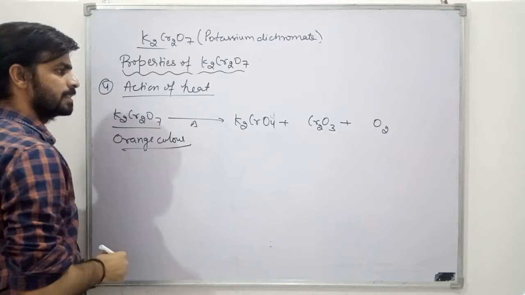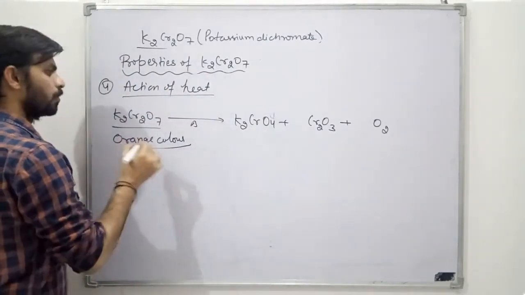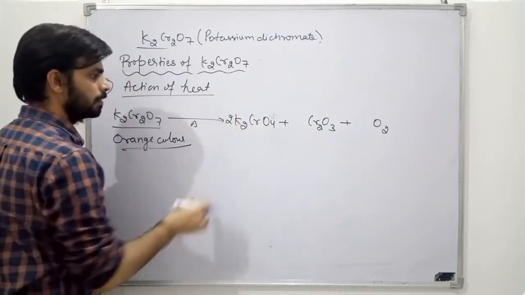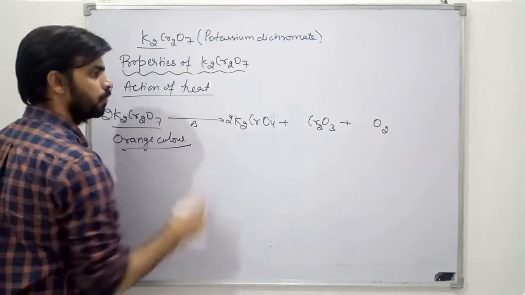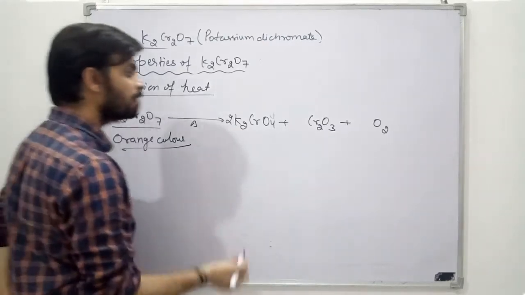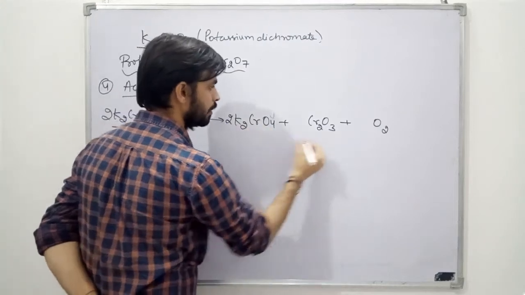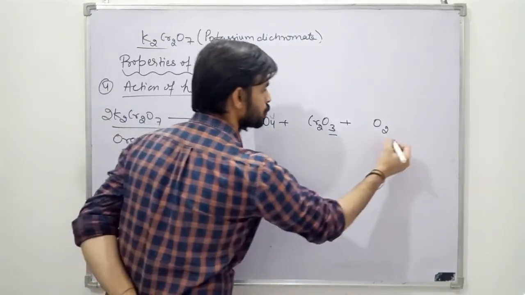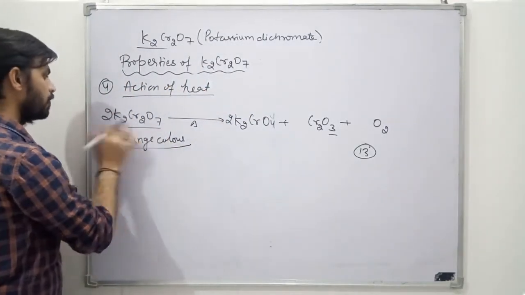Now we have to balance it. We have 2 chromium here and 1 chromium here, so we can put 2 here, and there are 4 chromium, 4 potassium. Now we have to balance oxygen. Here we have 8, 8 plus 3 is 11, 12, 13. We have 13 oxygens here. Here we have 14.